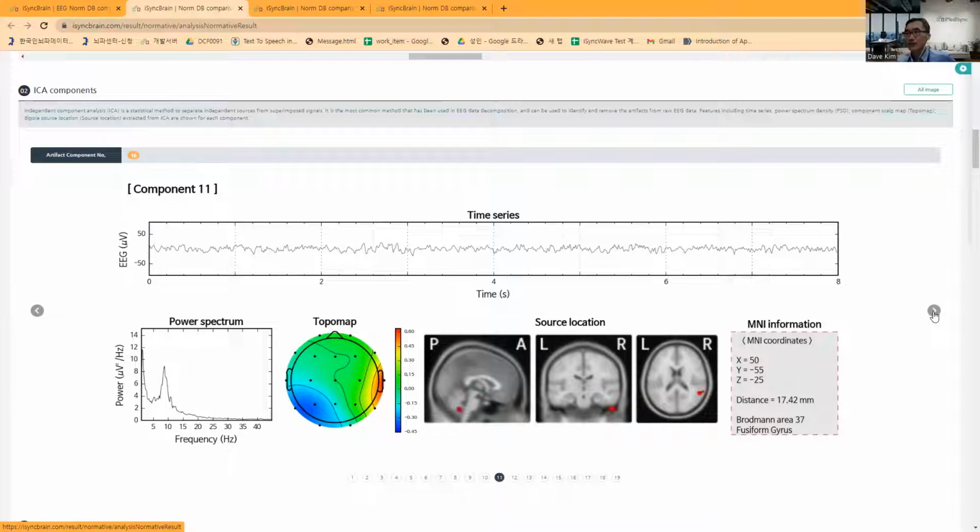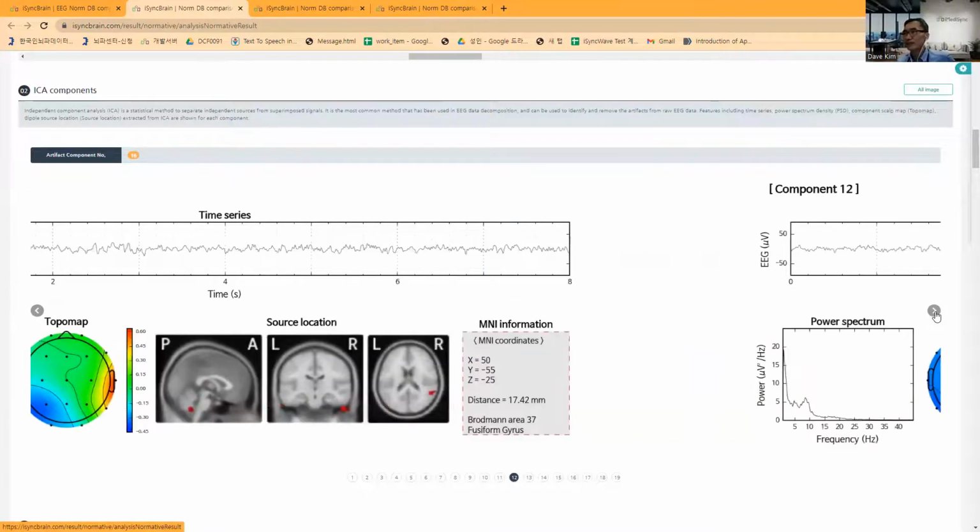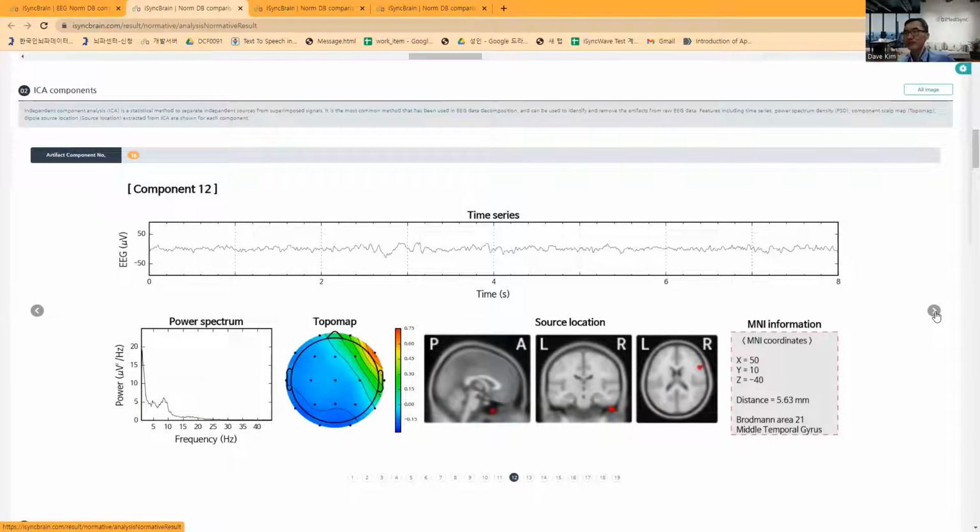But long-term medication made the dopamine depletion. So finally, she has the frontal slow rhythm, which makes her facial expression very rigid and motor coordination very poor.